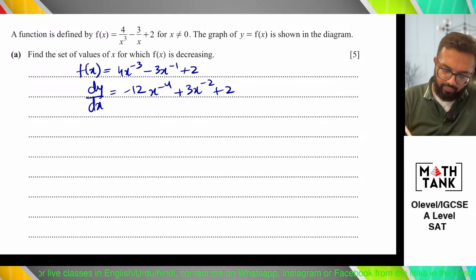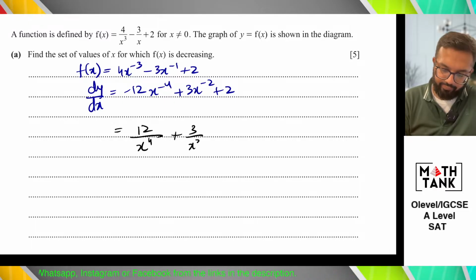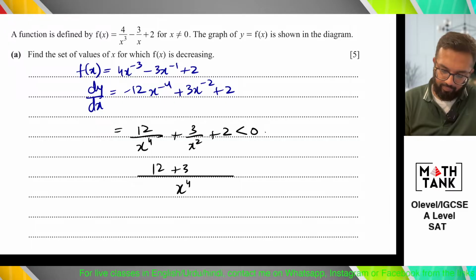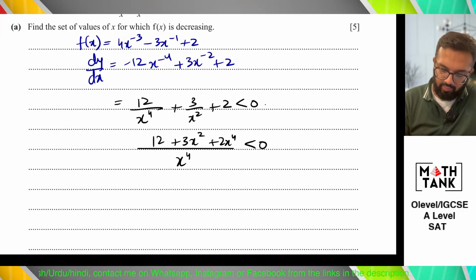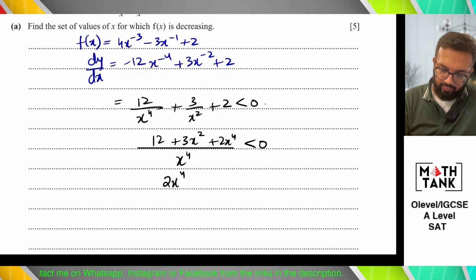Okay, so first let's simplify this. And this has to be less than 0. Okay, 2x to the power 4 plus 3x squared plus 2 is less than 0.